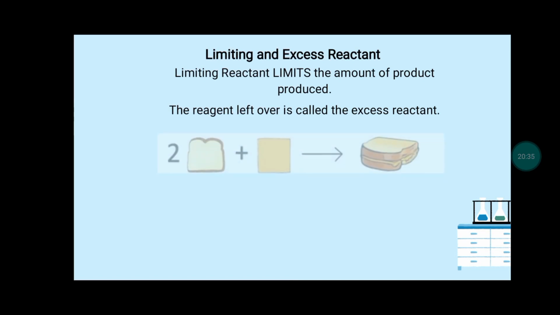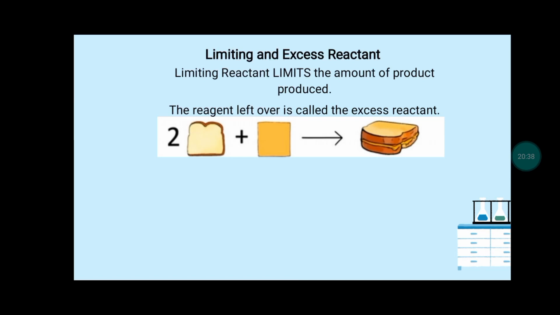For example, in making sandwiches, ito yung reaction natin. We need 2 breads plus 1 ham, 1 patty, ganyan, to make 1 sandwich. Let's say we have 7 ham. And this 7 ham can potentially make 7 sandwiches. Diba? Kasi isang palaman lang naman ang kailangan to make 1 sandwich. And we have 10 bread. In every sandwich, we need 2 breads.